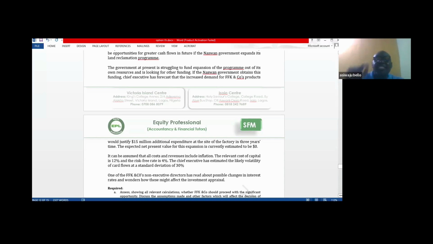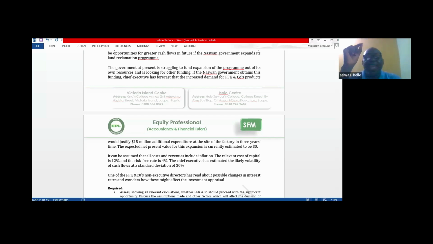The chief executive has estimated the likely volatility of cash flow at a standard deviation of 30%.